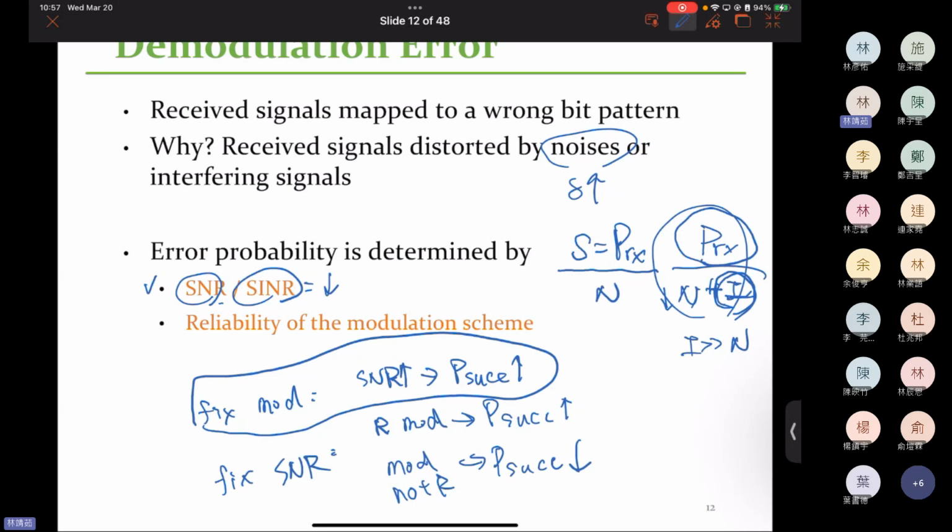All right? So when we want to do comparison, you need to fix all the parameters and just compare one changing variable. When we want to compare the impact of SNR, you assume that you use the same modulation scheme, so that for a fixed modulation scheme, the higher SNR will give you the higher success probability. But if you want to compare the performance of different modulation schemes, you should fix the SNR and see, when you compare algorithm 1 and algorithm 2, which one will give you a higher success probability, right?